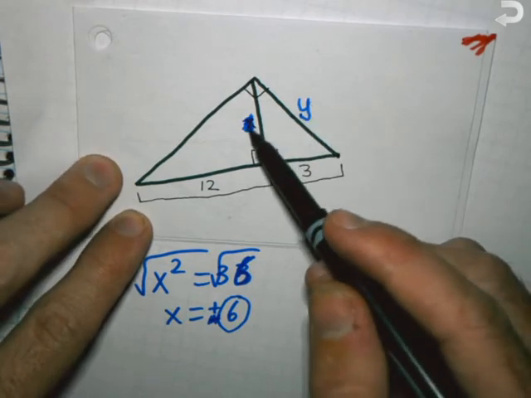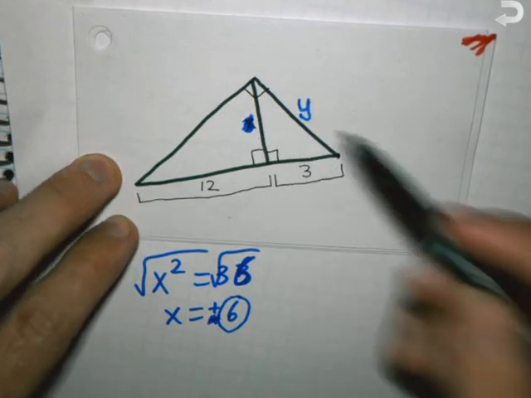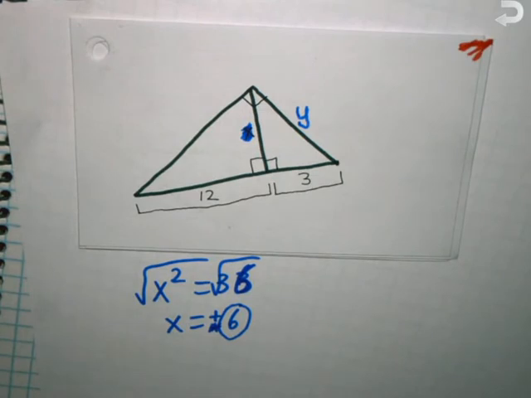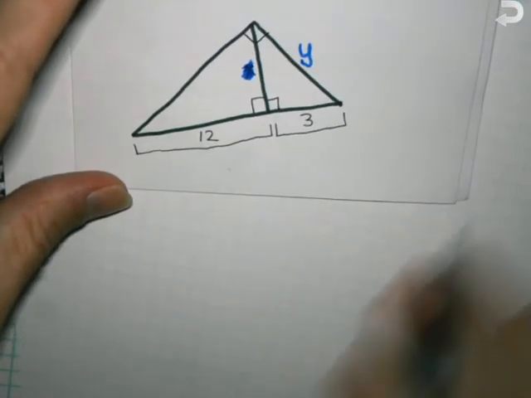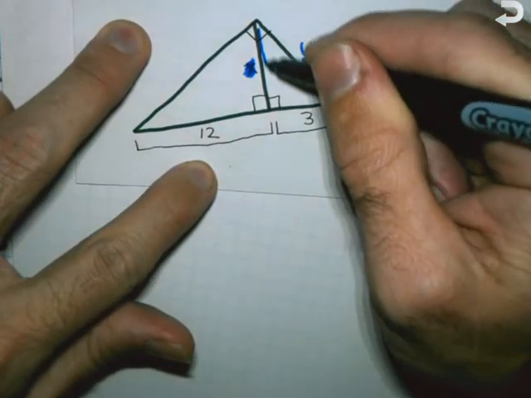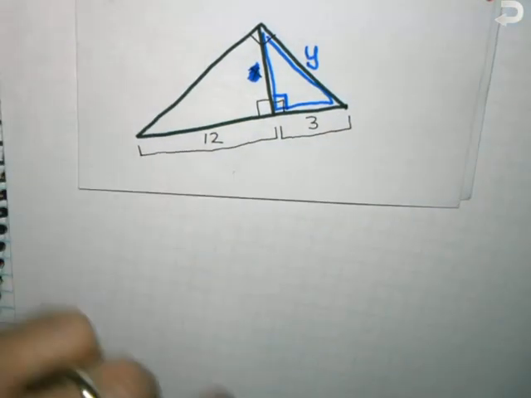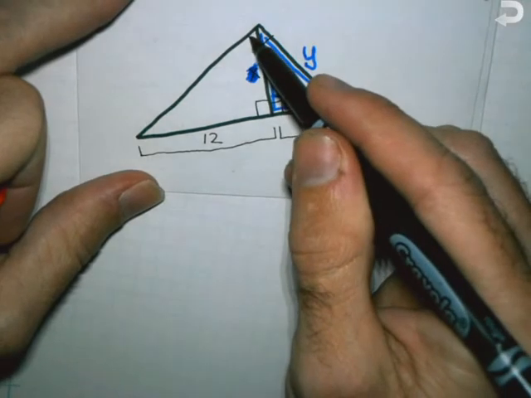Let's do the big one in brown. Okay, so if we're trying to find y, it shares a side with the blue triangle and the brown triangle. So we're going to be doing blue and brown.